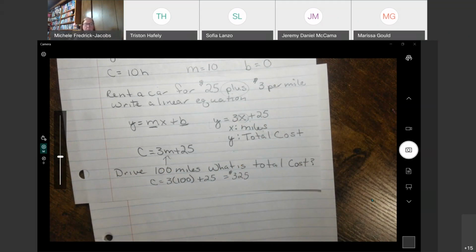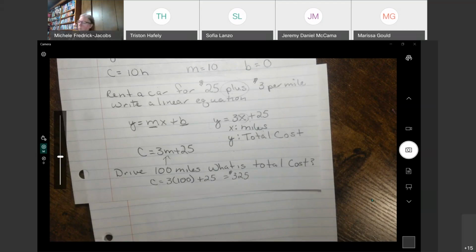You're welcome. So $3 per mile, your rate is M times your 100 miles to get how many dollars each mile, plus B. Y equals MX plus B. Initial amount, $25 to rent the car, to include that. Okay, I got it.